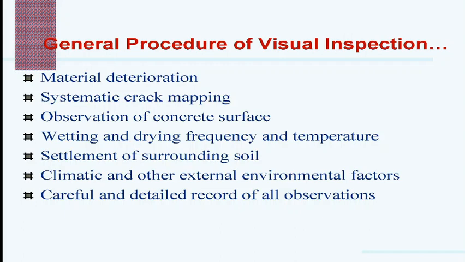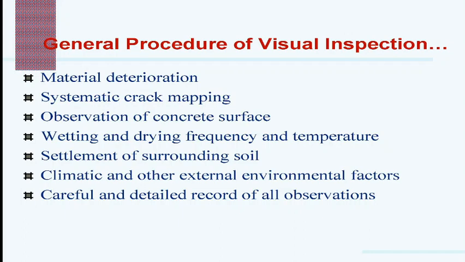An assessment may also need to be made of the particular environmental conditions to which each part of the structure is exposed. In particular, the wetting and drying conditions, and the frequency of change in temperature that an element is subjected to, should be recorded, because these factors influence various mechanisms of deterioration, or we can say the corrosion, of the concrete.